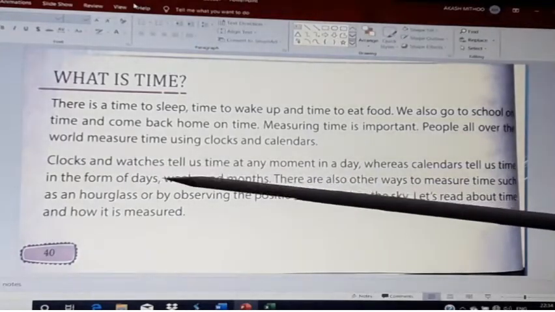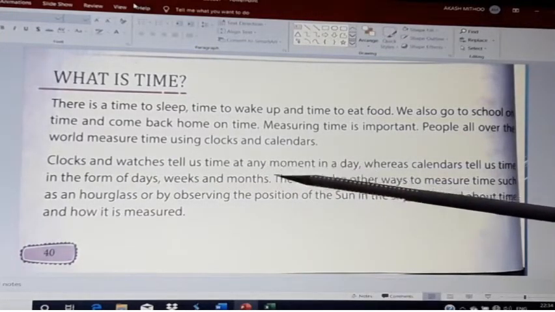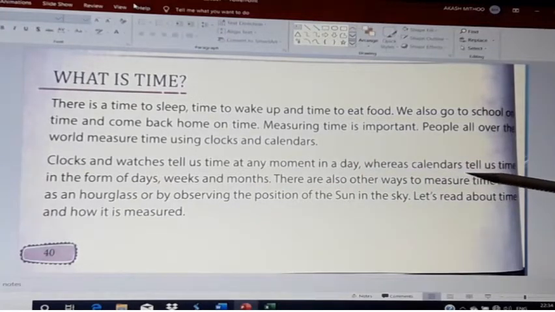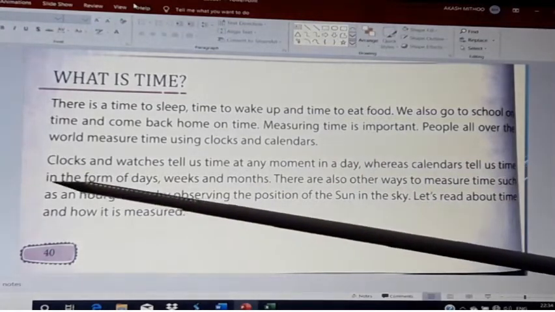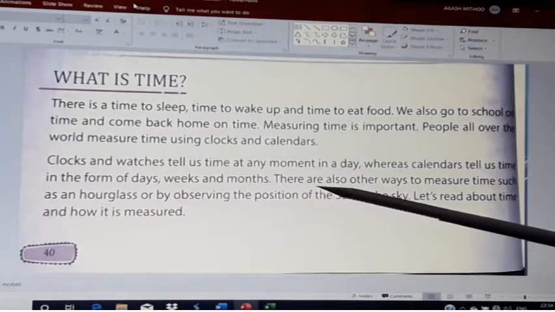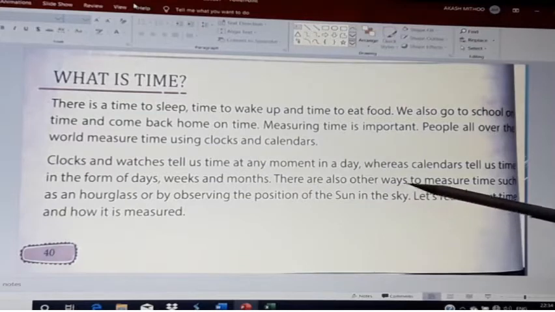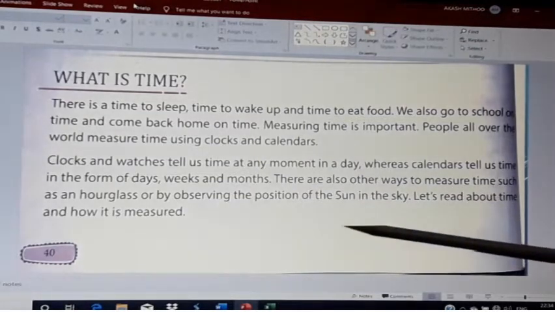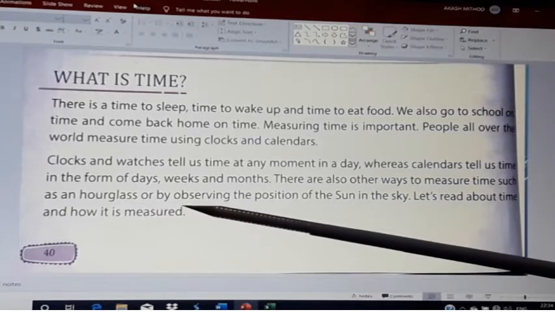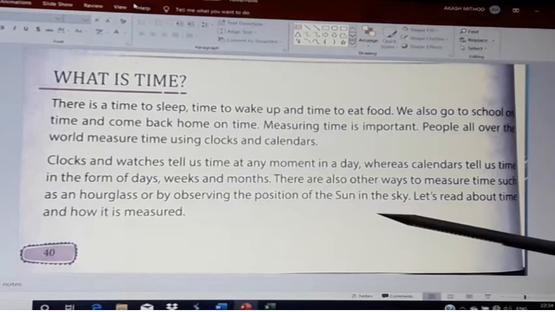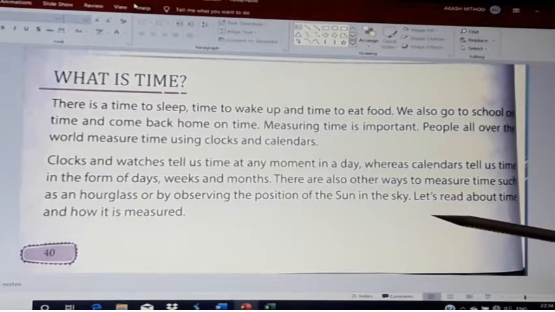Clocks and watches tell us time at any moment in a day, whereas calendars tell us time in the form of days, weeks and months. There are also other ways to measure time, such as an hourglass or by observing the position of the sun in the sky.